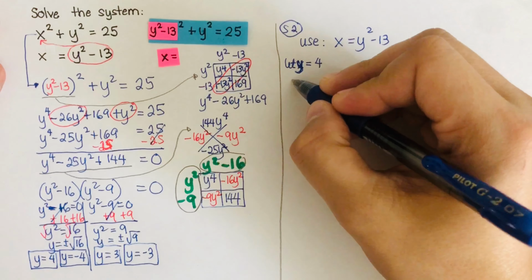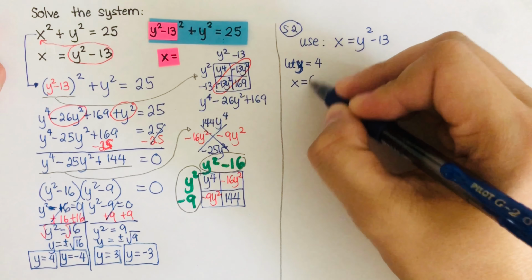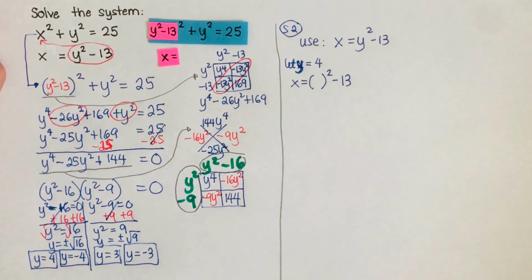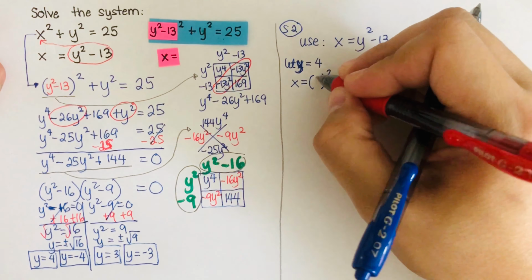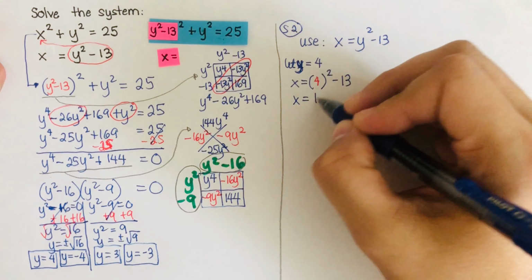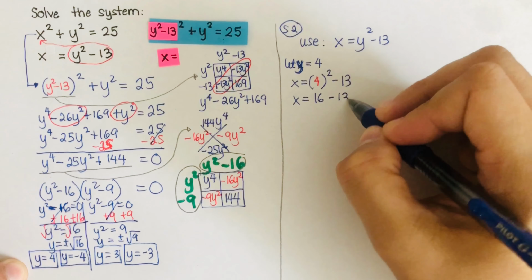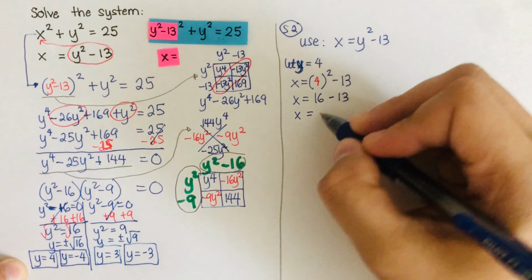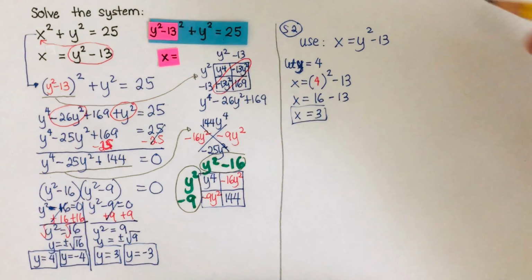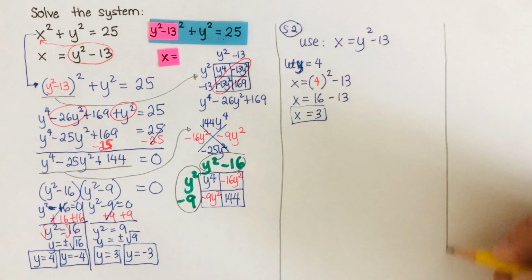So that would be x is equal to, again, change it into parentheses before we plug in values, so the value that we're going to put in would be 4. So then x is equal to 4 squared is 16 minus 13. So then our x is 3. So we can go ahead and write the points of intersection on the side right here.